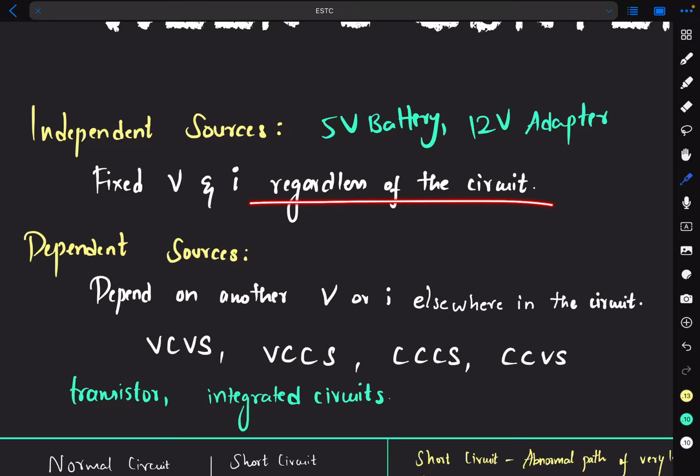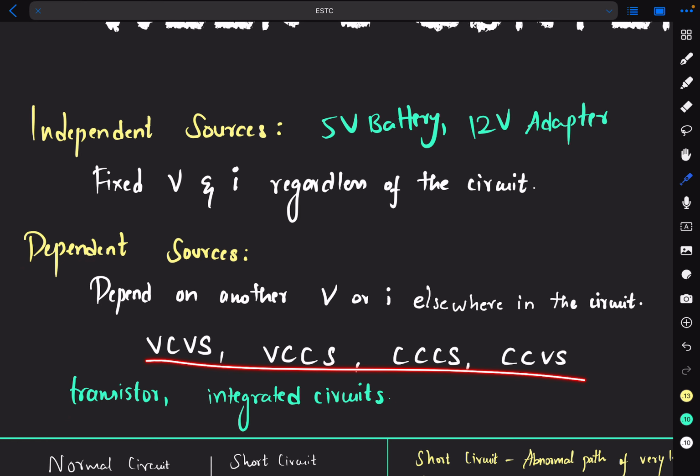So regardless of the circuit, if the voltage and current are fixed, then you name the sources as independent sources. Now, if the voltage and current depend on another source elsewhere in the circuit, then we name them as dependent sources. Like transistors, integrated circuits are examples of dependent sources.